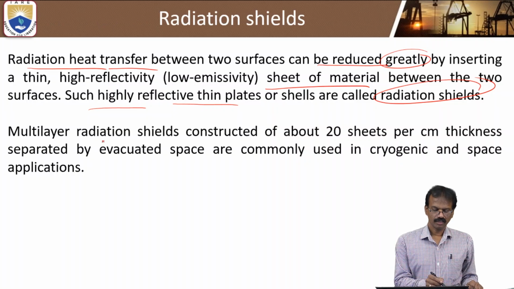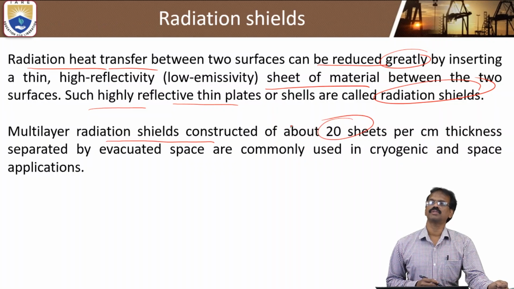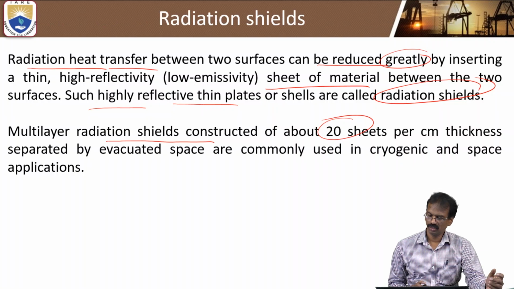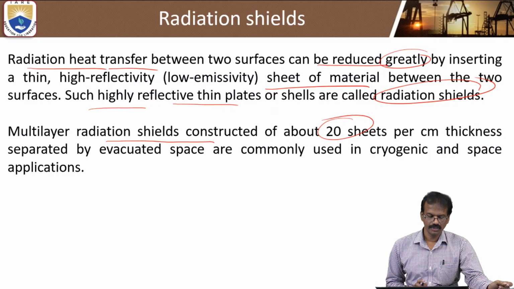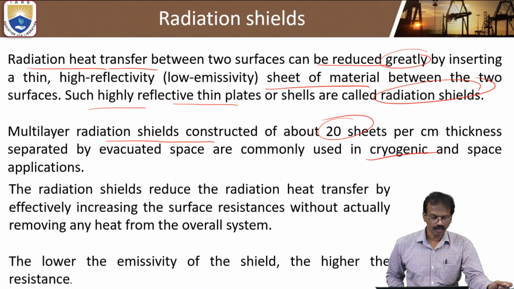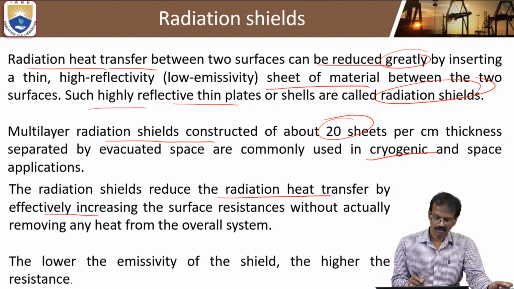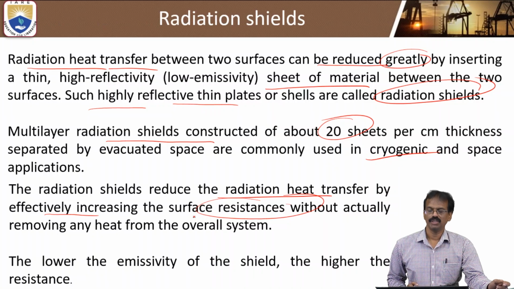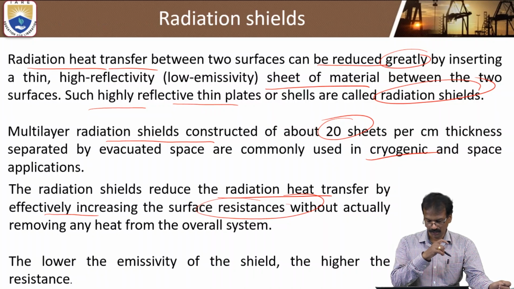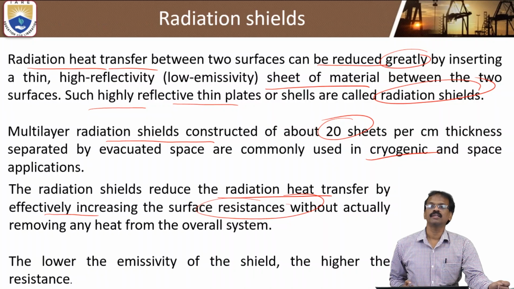Multi-layer radiation shields are constructed with nearly 20 sheets per centimeter thickness, so you can understand the thinness of the shields. They are commonly used in cryogenic and space applications. The radiation shield reduces the radiation heat transfer by effectively increasing the surface resistance. By increasing the surface resistance, radiation between the two surfaces automatically decreases.